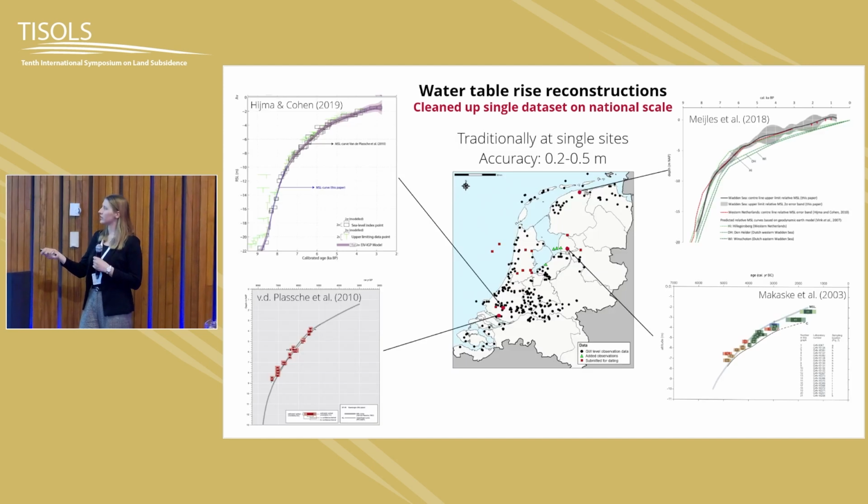Again, this is all the water table data we have, the geological data, and here are some sea level or water level reconstructions that have been done in the Netherlands. Traditionally, these are done at single sites, because they want to reconstruct the sea level at one location.